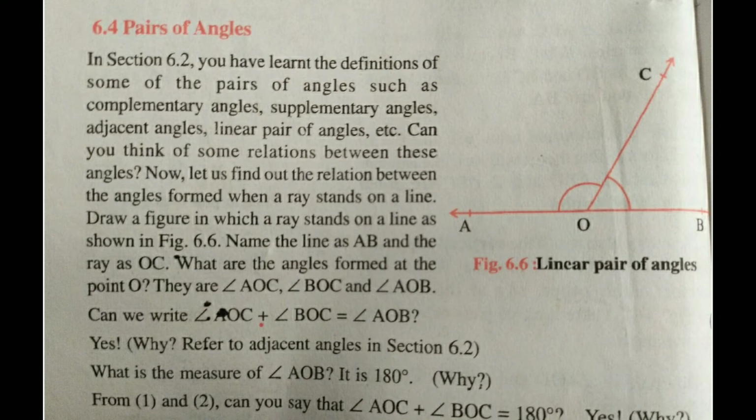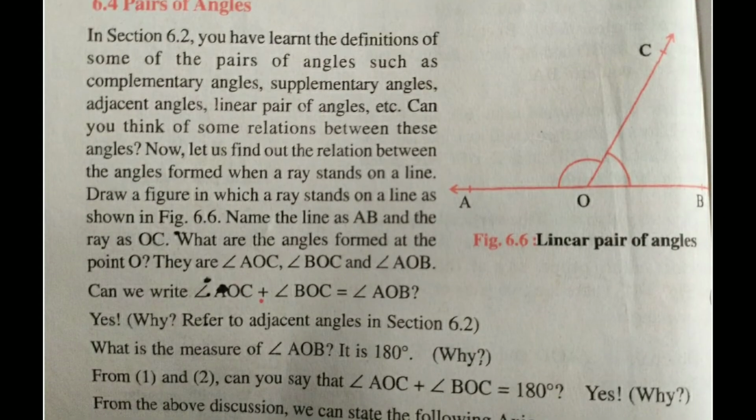So we can write angle AOC plus BOC equals AOB because they are adjacent angles. How are they adjacent?